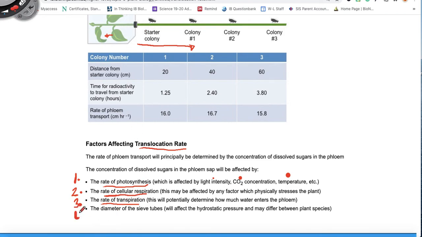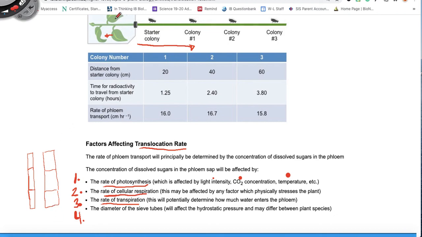And then the fourth factor that affects translocation rate is the diameter of the sieve tube. So remember that sieve tubes are a whole bunch of sieve cells that are attached, right, one next to the other. But of course, if one sieve tube happens to be wider than the other, then there's going to be less hydrostatic pressure here.